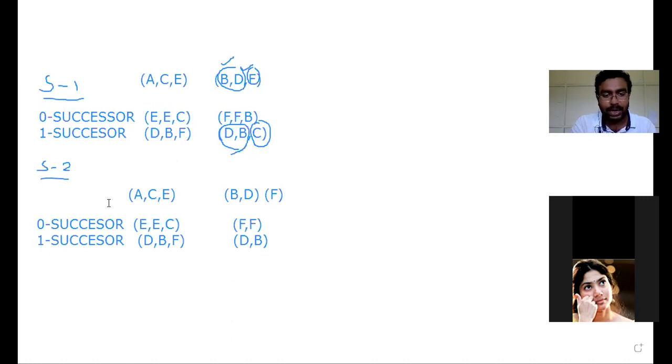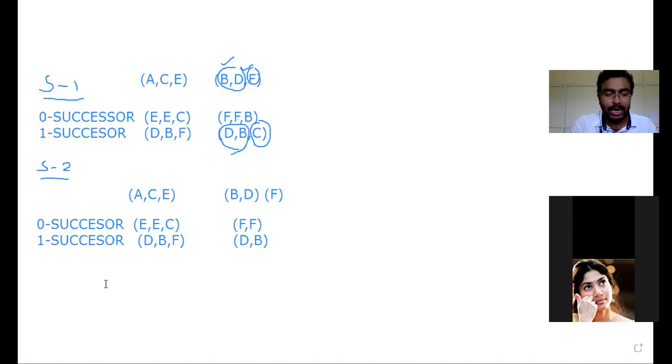E and C is available in the same group, no problem. Then check whether the one successor of AC is available in the same group. D, B, F. D and B are available in one group, whereas F is available in another group.